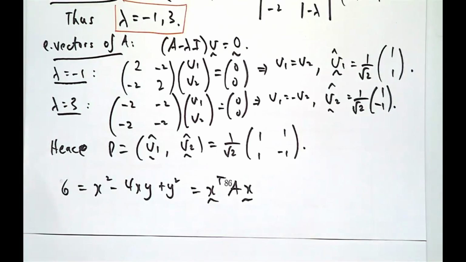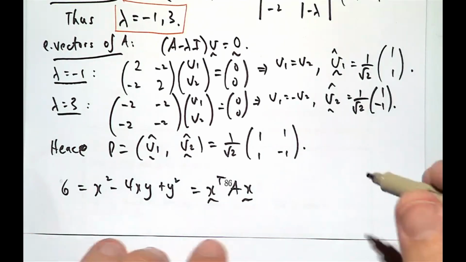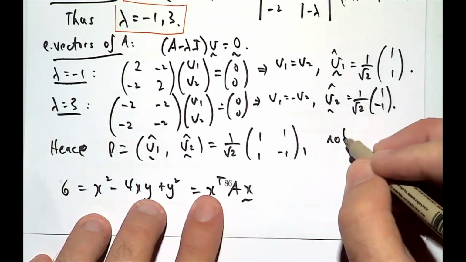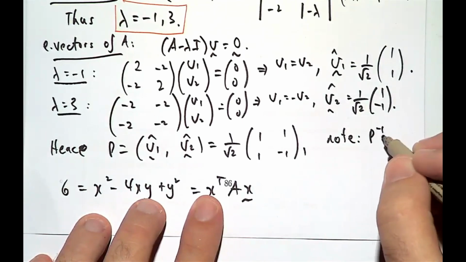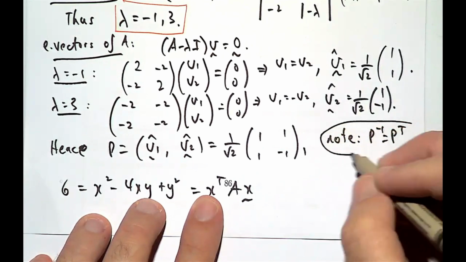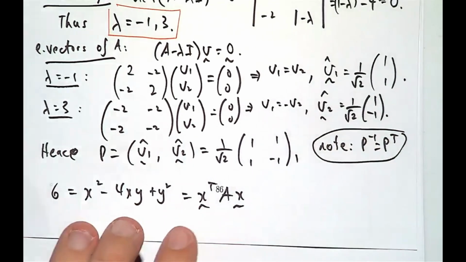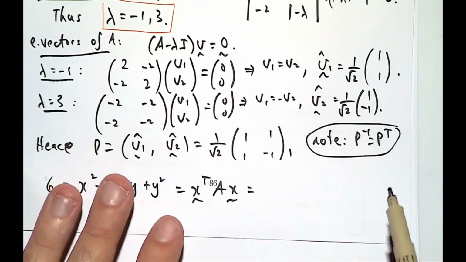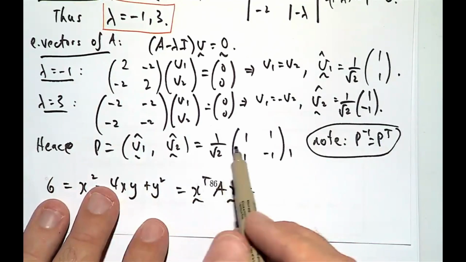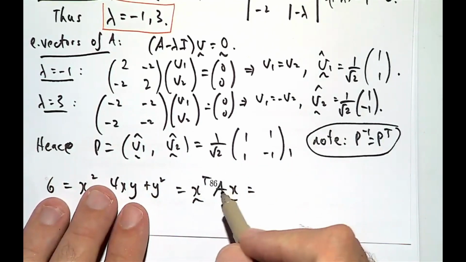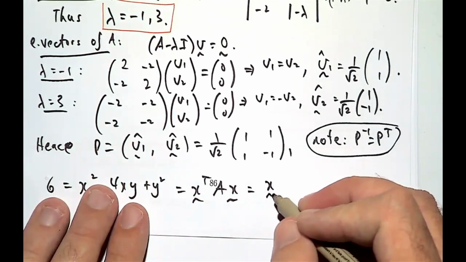Okay, so note that up there. All right, so now, because this diagonalizes A, I can write it like this.